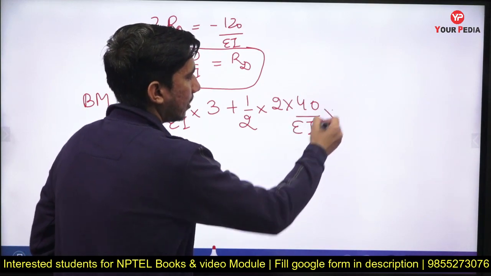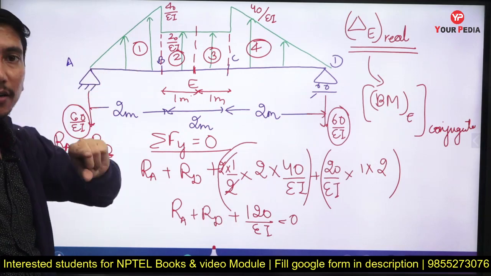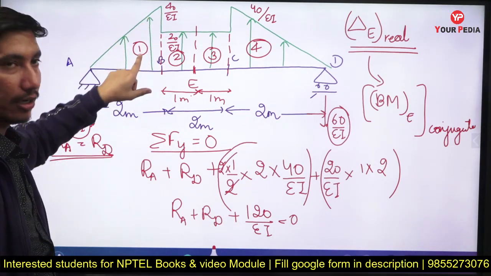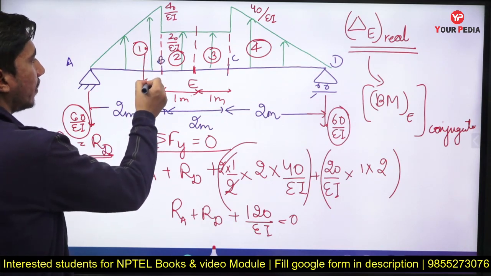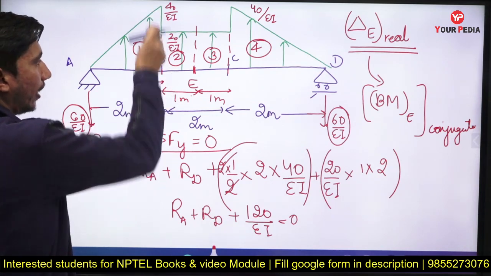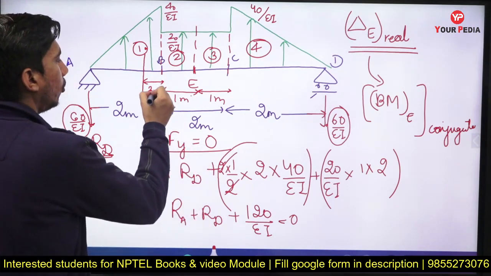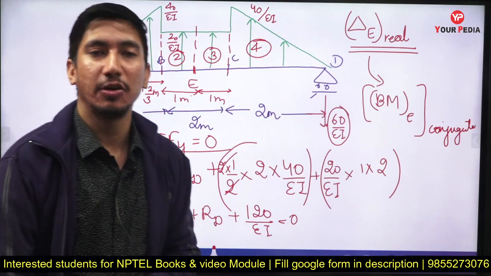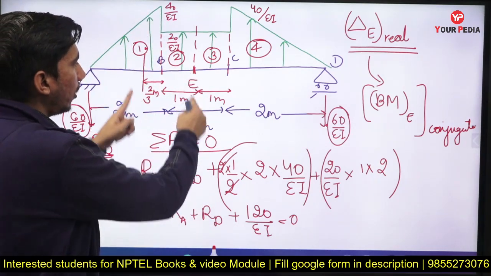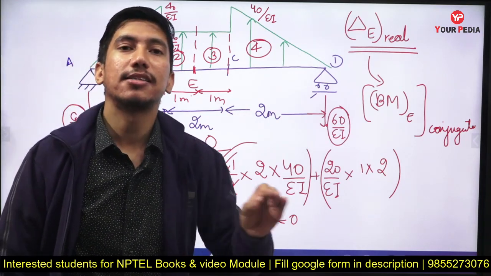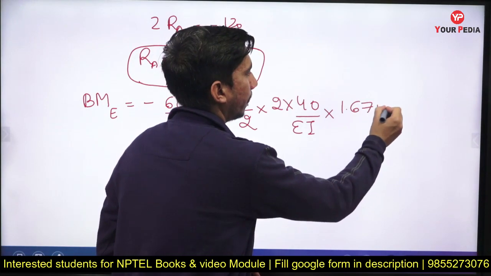The equivalent point load for this particular loading will act at its centroid. The distance of the centroid from the longer side will be b by 3, so 2 by 3 meters, which is 0.67 meters. This portion is 0.67 meter and this is 1 meter, so the total distance becomes 1.67 meters.